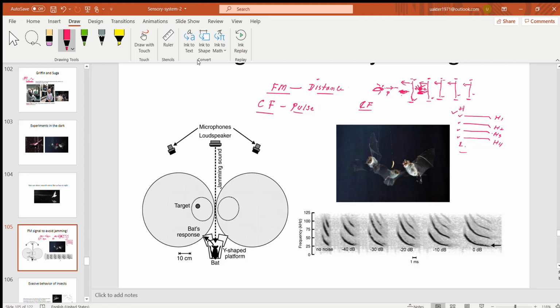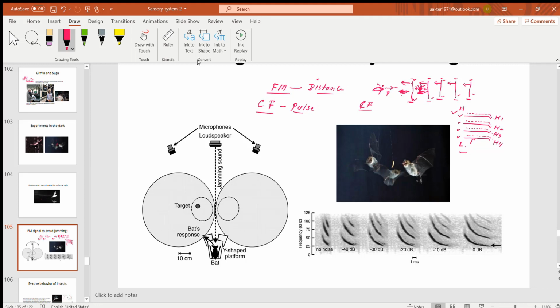The echo that will return, the frequency will be slightly higher. Make sense? So echo, slightly higher frequency for these pulses, okay, or these harmonics of pulses.